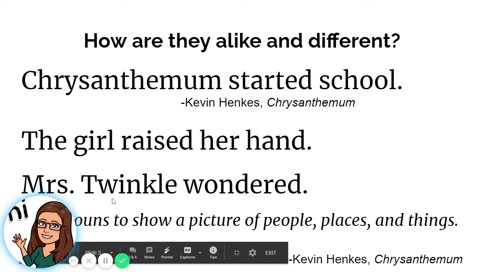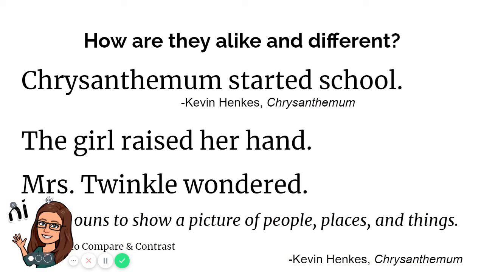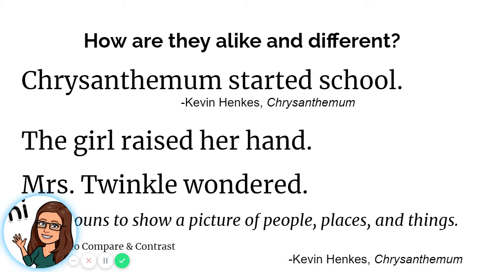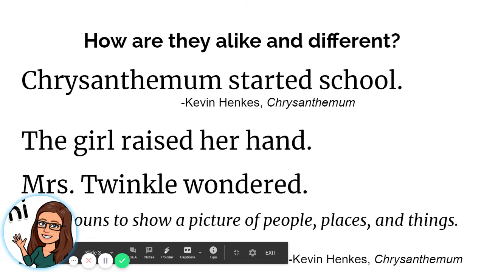There's 1 noun. We can picture her in our minds. Wondered, no. So how many nouns are in our third sentence? Very good. 1 noun. Mrs. Twinkle is the only noun.